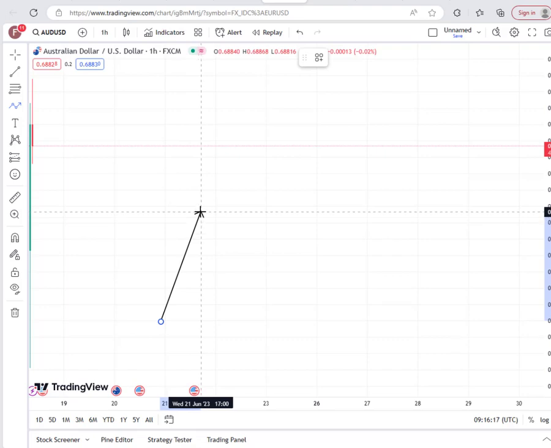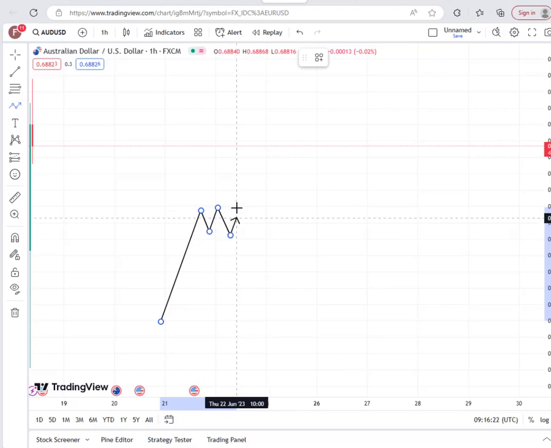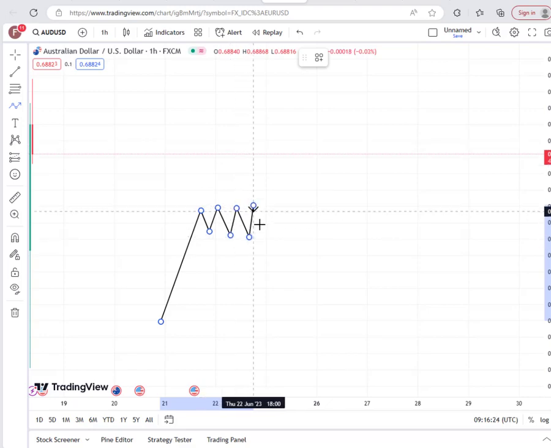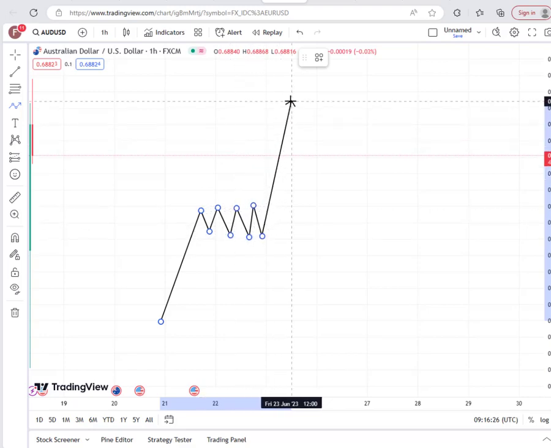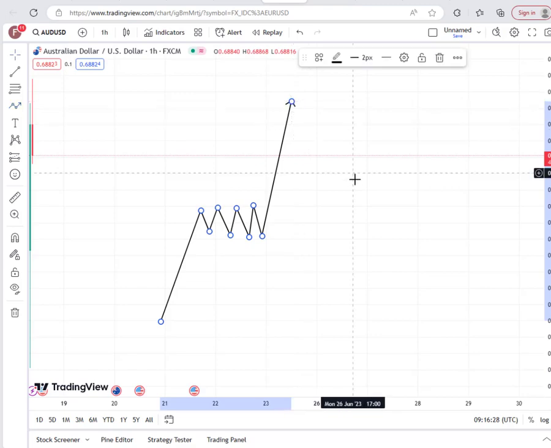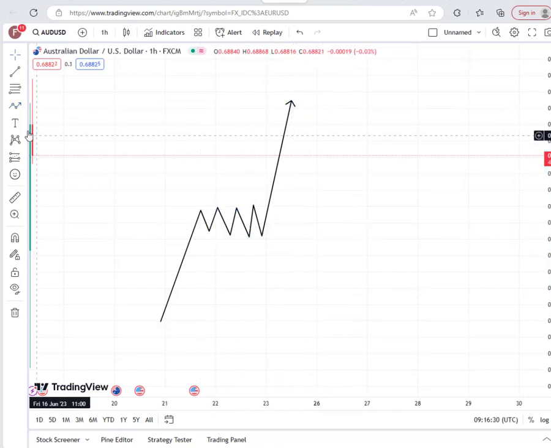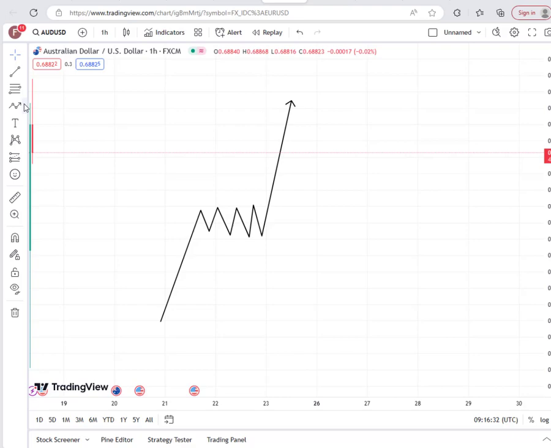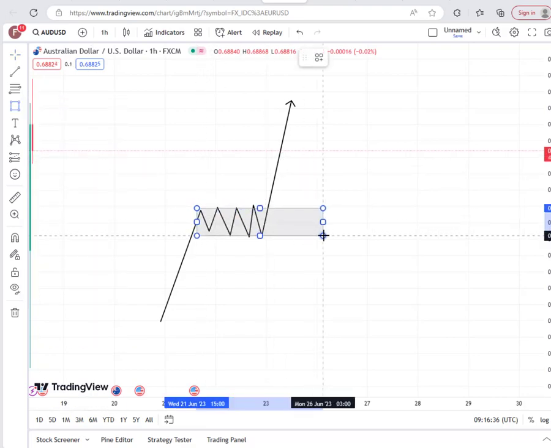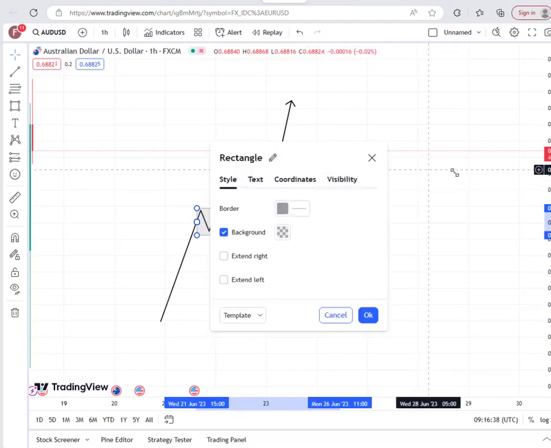So when price moves up, sometimes price will consolidate for a while. When it consolidates, it leaves a demand zone, and later on it moves. Now when it moves, you pick a rectangle tool and plot out all of this zone here.